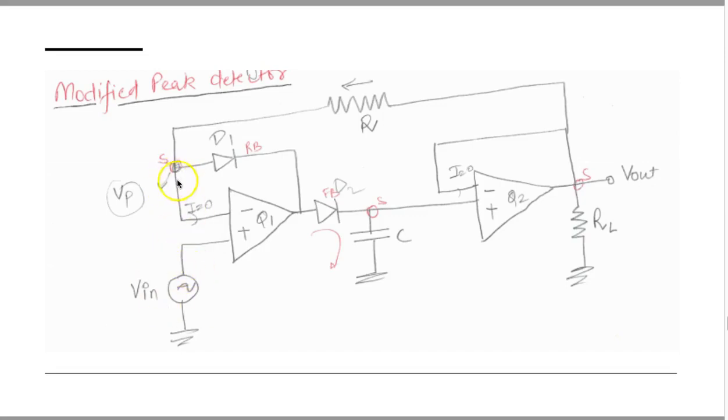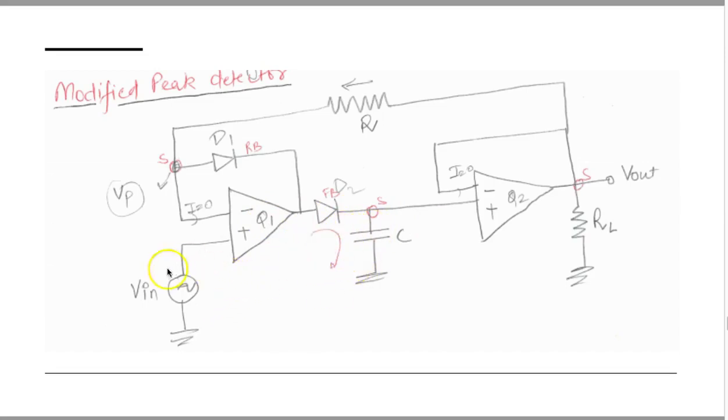When this input voltage is less than VP, then D1 will be forward biased, and D2 will be reverse biased. In that case your outer circuit will be broken, and the negative input terminal of Q1 will be at the peak voltage. And the output of op-amp Q1 will be negative at that particular moment.